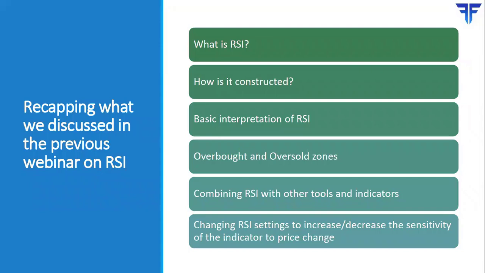Later on, I talked about basic trading strategies using RSI, including a very common aspect of RSI called overbought and oversold zones. I talked about how to combine the RSI indicator with other tools and indicators in order to strengthen your analysis of the security that you're tracking. Finally, I also briefly spoke about the settings of RSI and how you could alter them in order to make it either more sensitive to price or less sensitive to price, depending on your trading style and preferences. So that was what we briefly spoke about in the last webinar.